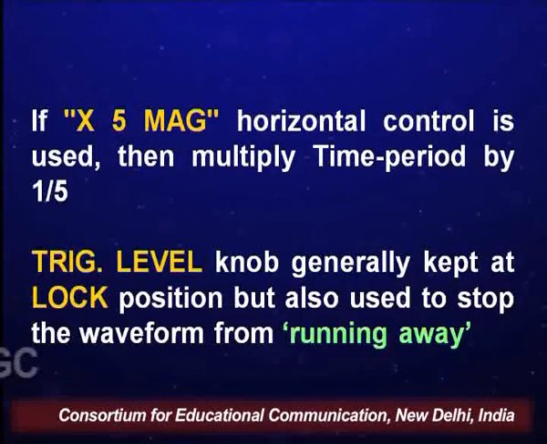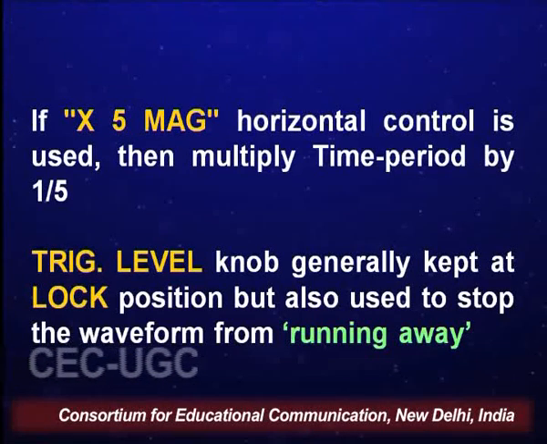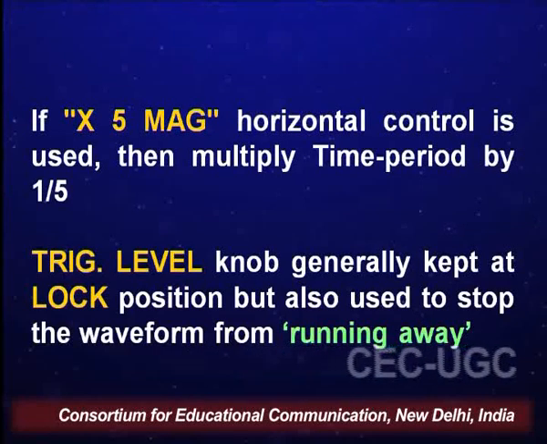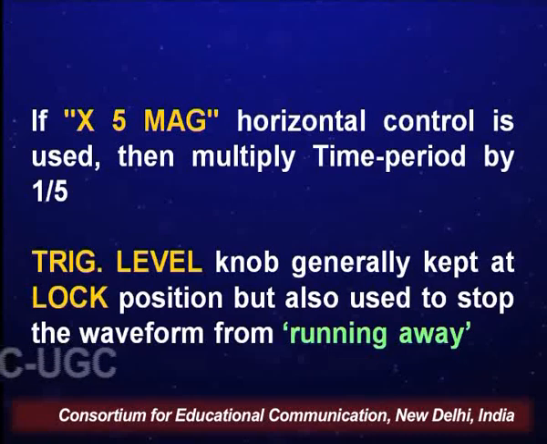There is a facility in this CRO which says cross 5 mag in the horizontal control. This facility is provided so that we can look at more complex signals by magnifying them, but it is only magnification.